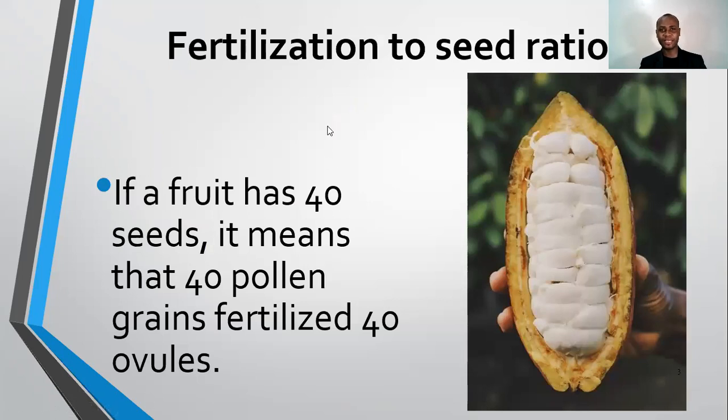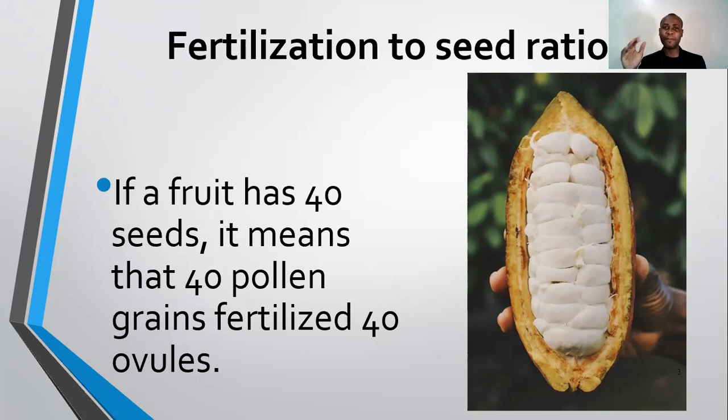Now let's look at the fertilization to seed ratio. If a cacao fruit has 40 seeds, it means that 40 pollen grains were fertilized. 40 pollen grains fertilize 40 eggs, or 40 ovules.